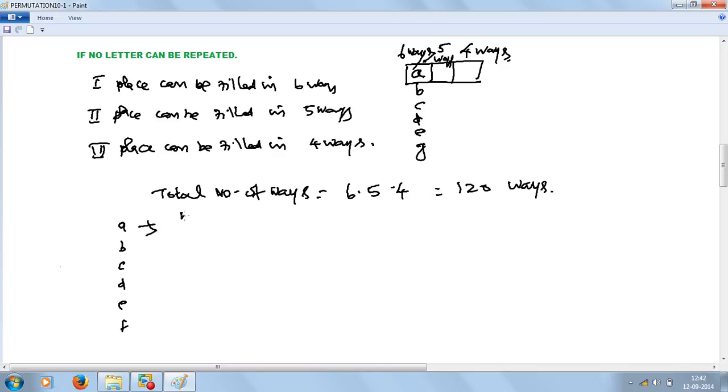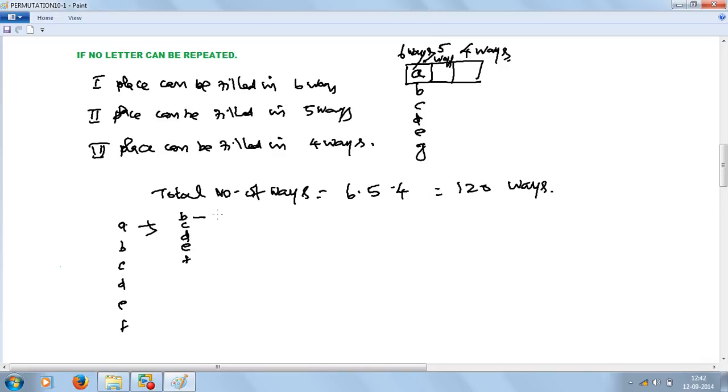You can fill up with B, C, D, E, F. So this is 5. For each letter, you can fill up only 5. A, we have used it here. If you have used A, you have used B. So the third, you have got 3 digits here, isn't it?